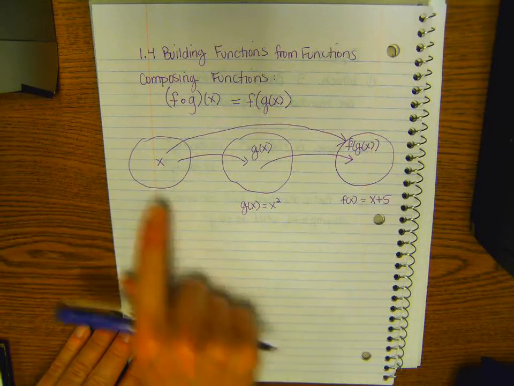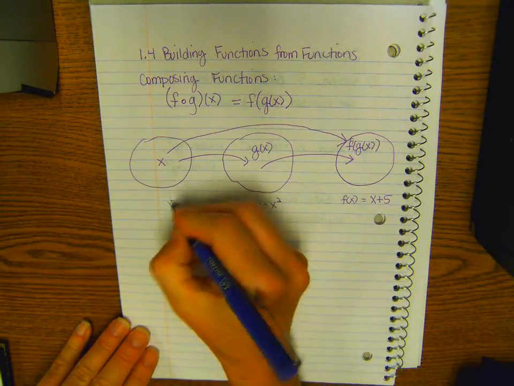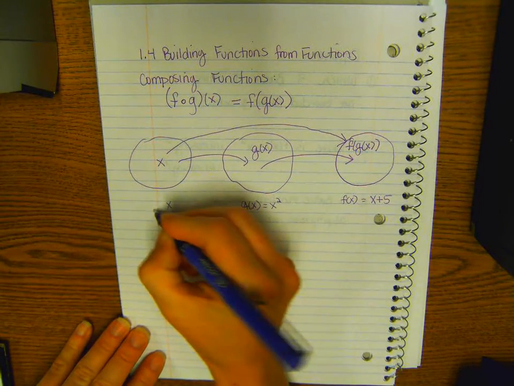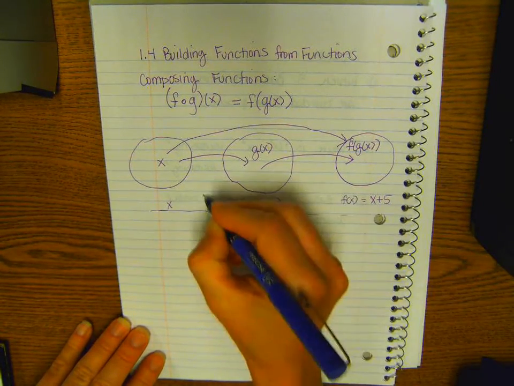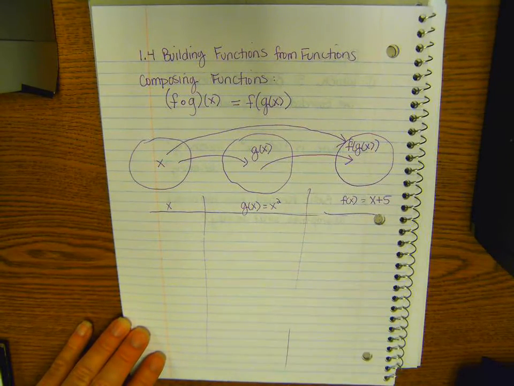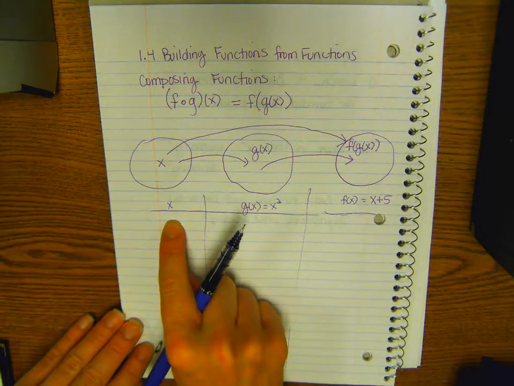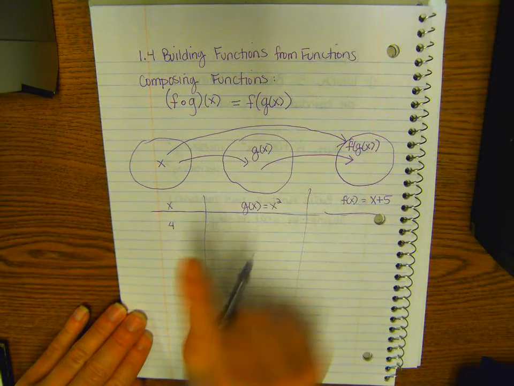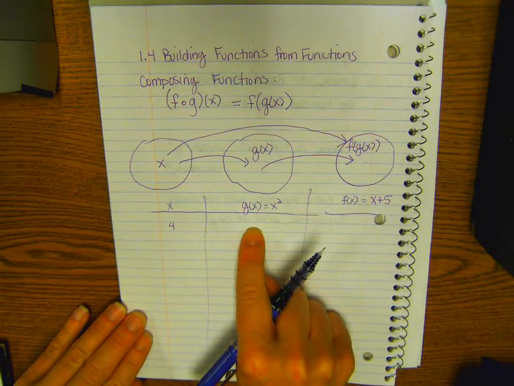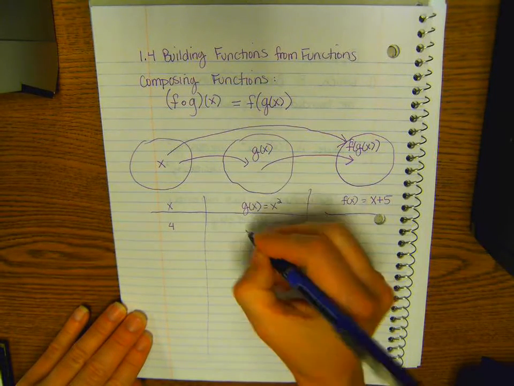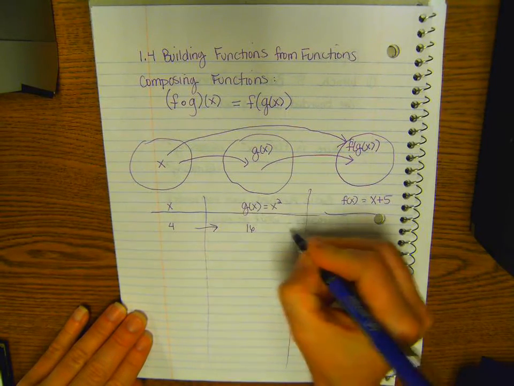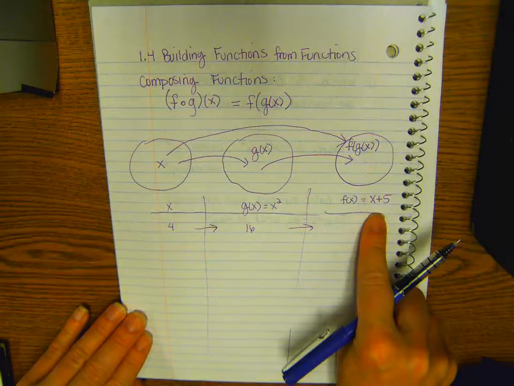So let's take some values over here. Give me a number. Joey. 4. Okay. If I put 4 into this function, what's g of 4? 16. If I put 16 into this function, what would it be?